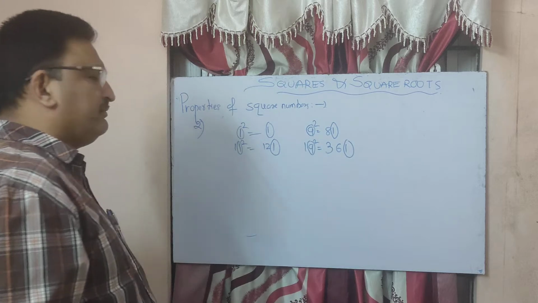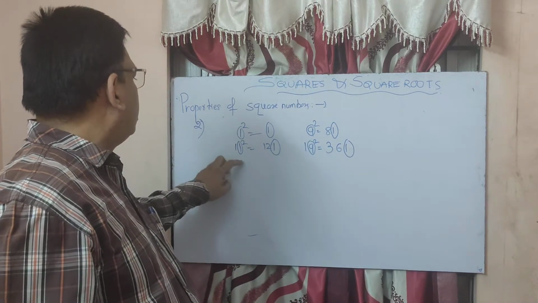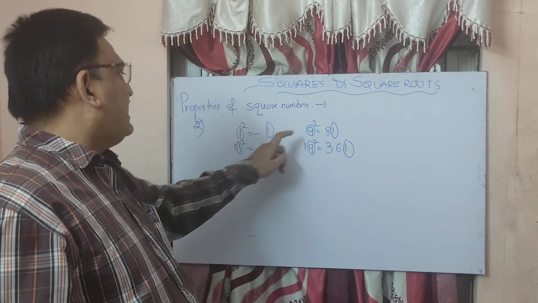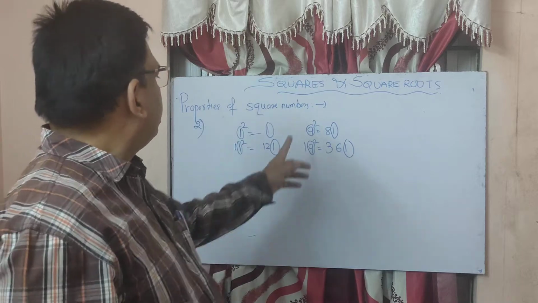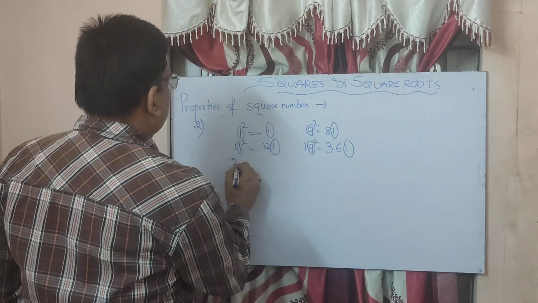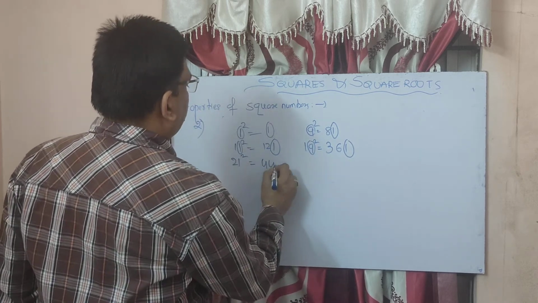For example, you can write 21 also, 21 square is 441.